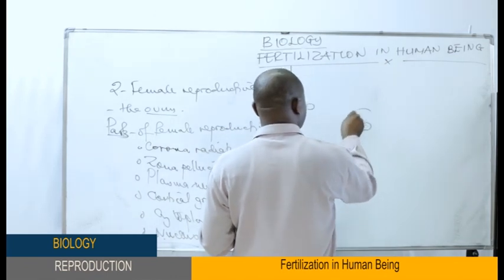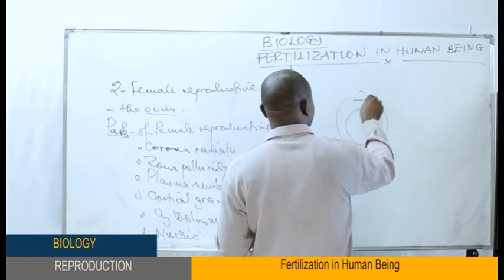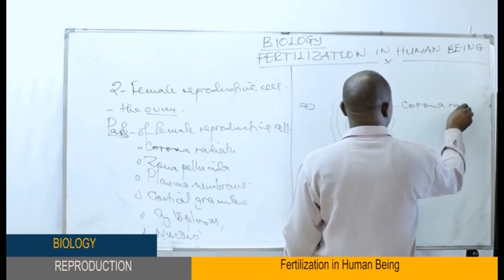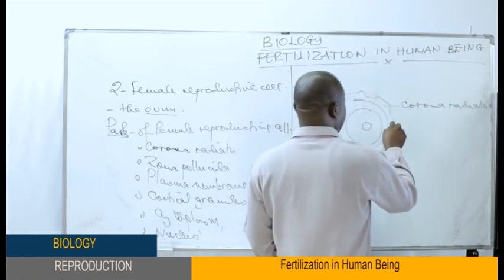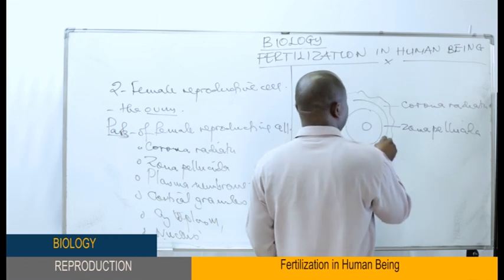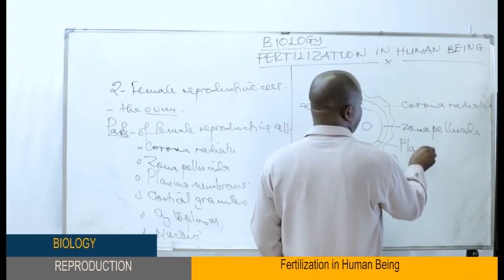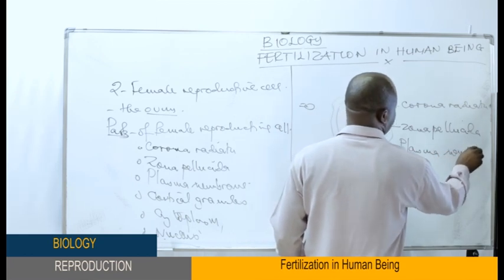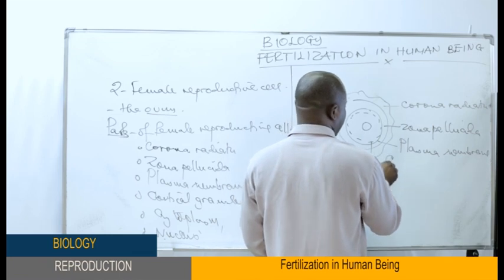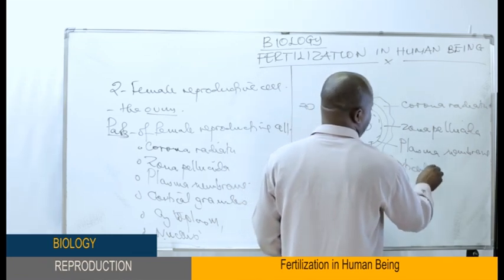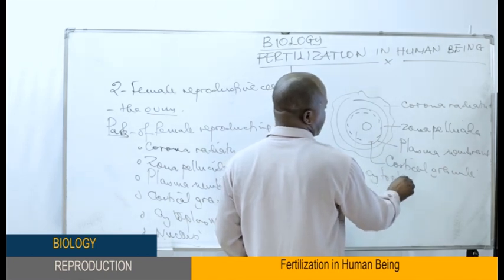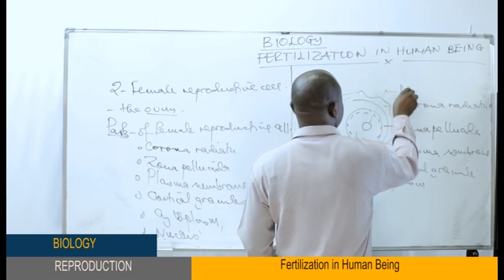There is nucleus, this is corona radiata, the zona pellucida, plasma membrane, the cortical granule, just behind the plasma membrane, this is the cytoplasm, and the last is the nucleus.